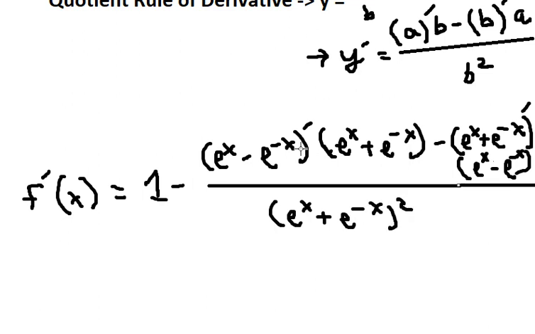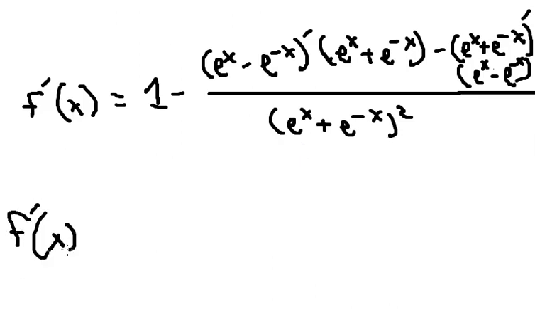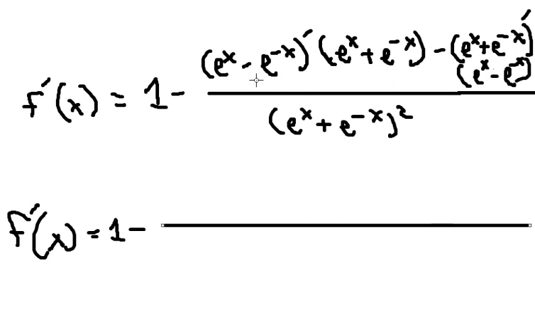Now we need to simplify this one and we have like this. This one is about e to the power of s plus e to the power of negative s.